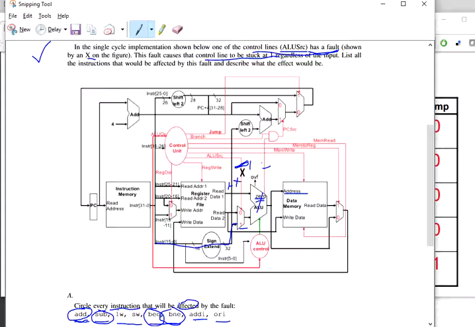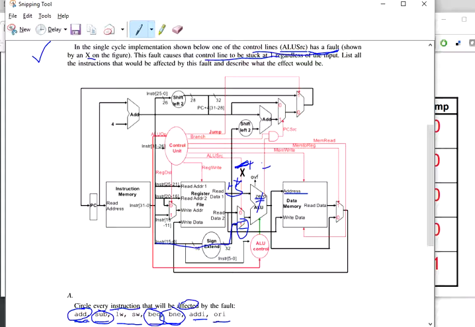We want to add that immediate value to our RS. I'm sorry, this should be RS right here. So we actually want 1 over here. We don't want 0. We want 1. Since ALU SRC is stuck at 1, this is perfect. We want 1. We got 1. So ADDI is going to be good. It's not going to be at fault. It's not going to be affected.